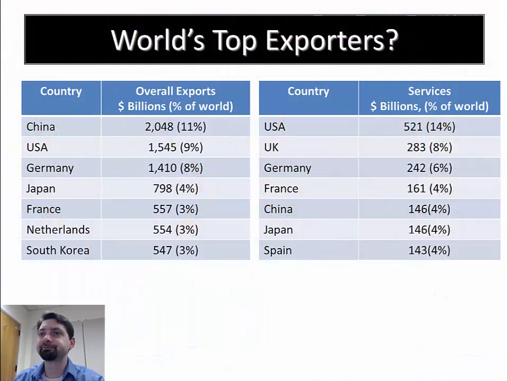Now, if you look at the top exporters in the world, here they are in billions of dollars and as a percentage of the world. You would see that China is now number one, and it exports about 11% of all the things exported in the world.